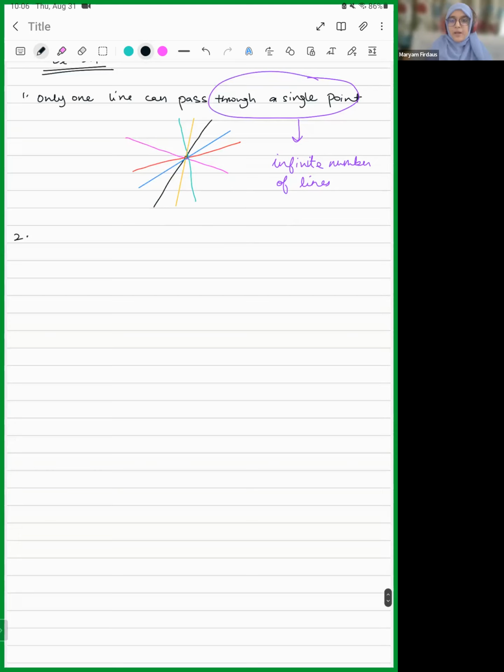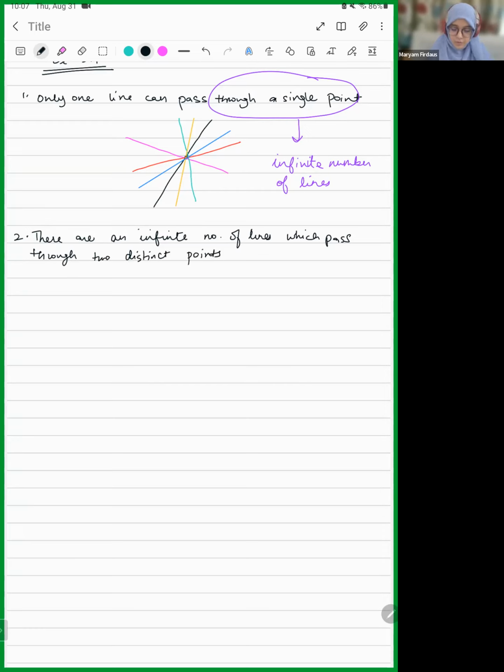So, next statement. There are an infinite number of lines which pass through two distinct points. Abdul Jabbar? False, ma'am.